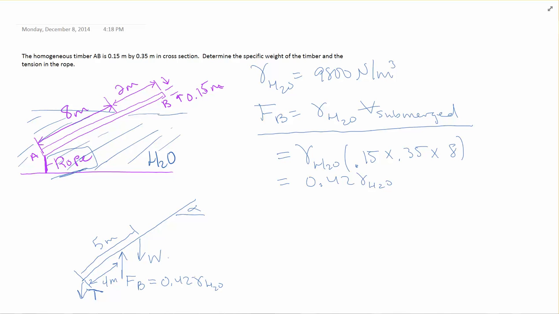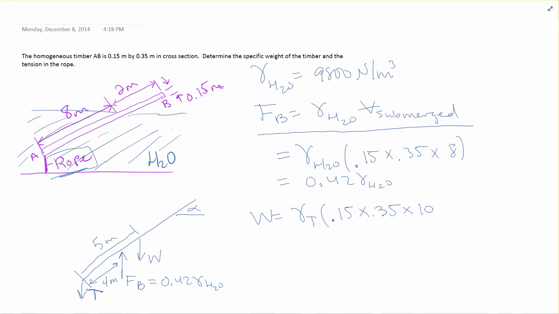Now let's look at this weight that we need to find. So our weight, that's where we're going to basically get in the gamma of the timber. Because remember, we're looking for a specific weight, that is gamma. So let's write the weight as the specific weight of the timber, gamma sub T, times the volume. For our volume, we're going to have the 0.15 times the 0.35, that's the cross-sectional area, and now we want the weight of the entire board.